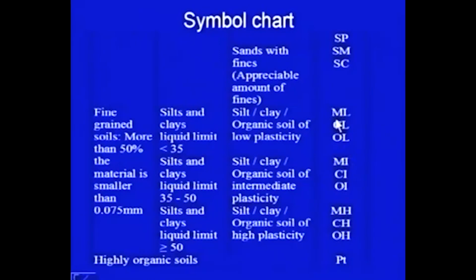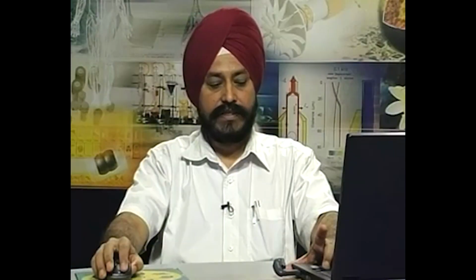M stands for silt. L, as I told you, stands for the range of the liquid limit. C stands for clay. L means lower, less than 35. I means intermediate range of the liquid limit, 35 to 50, and H means higher range of the liquid limit, that means more than 50. So, using this simple chart one can classify the soils as per the Indian standard system.